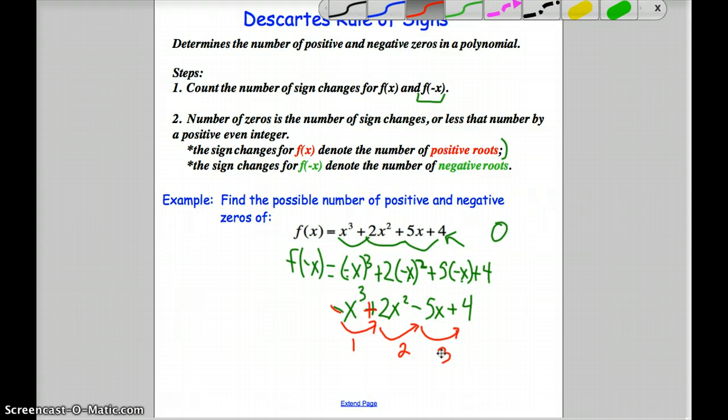And what that tells me is the number of negative roots. Okay, because it's 3 sign changes, the number of negative roots will be the number of sign changes or less than that number by a positive even integer. Okay, so either we have 3 negative roots or only 1.